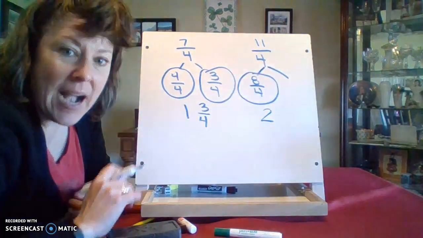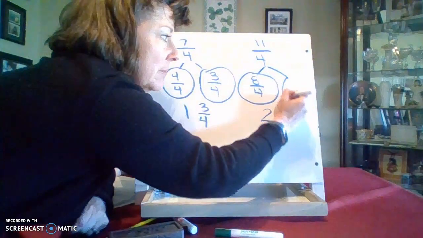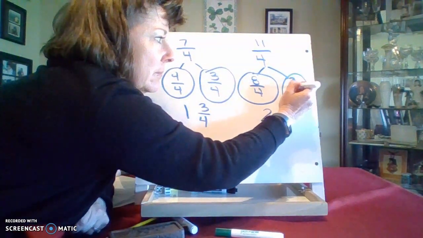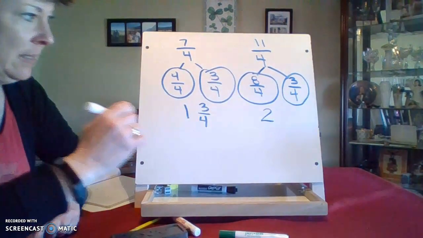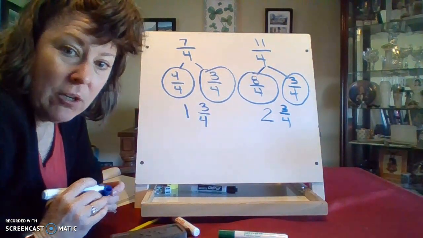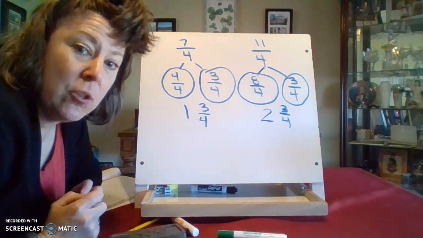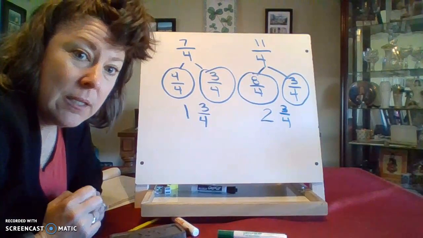And then I still have 3 left over. So the mixed number for 11/4 is 2 and 3/4. Let's try one more.